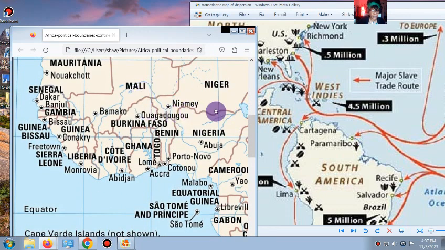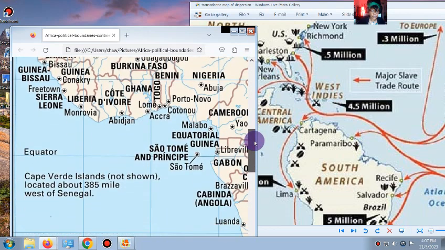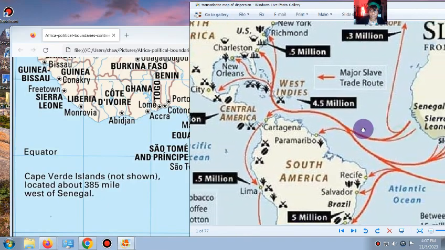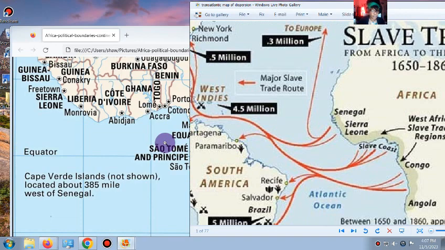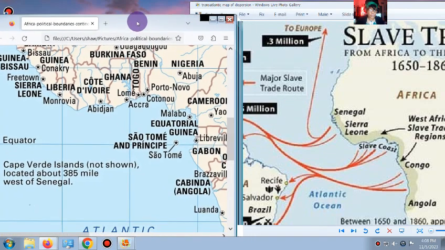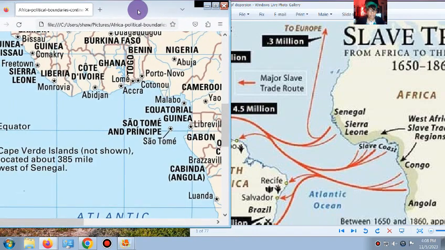Niger, Mali, all that is West Africa. Gambia, Angola. Sierra Leone, the slave coast, which is Niger, Burkina Faso, Benin, Ghana, Togo. But the slave trade focused on West Africa and studied that area before they started taking us from Africa and bringing us over here to the Americas. So those two maps match.